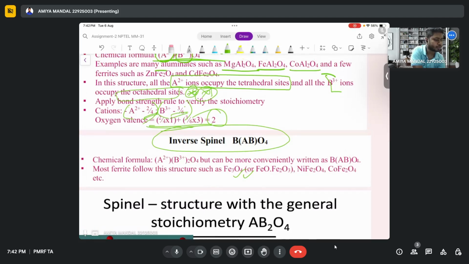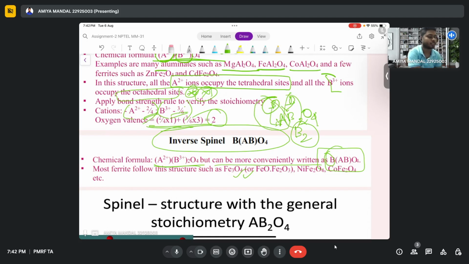For the inverse structure, the formula is the same, but because 2 B atoms are there in AB2O4, one B atom will go to the tetrahedral arrangement and one B atom will go to the octahedral arrangement. This is the difference between spinel and inverse spinel, the arrangement of B only.